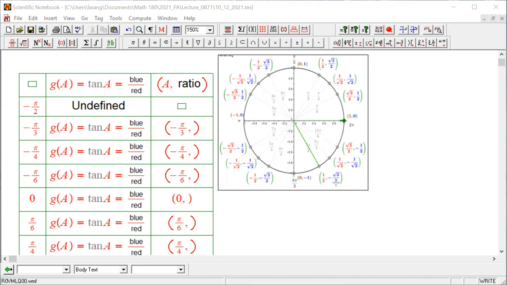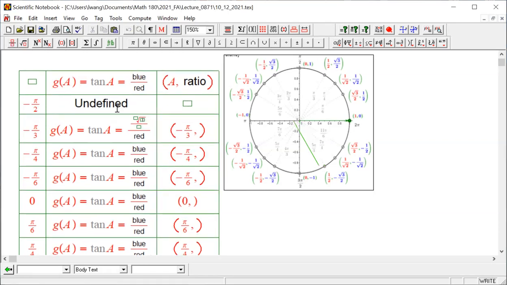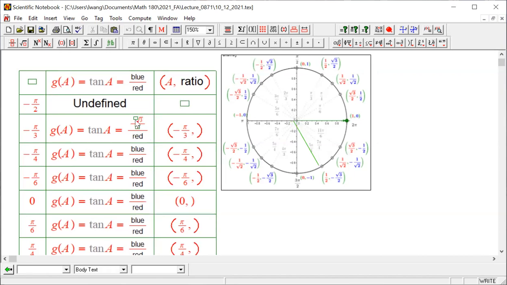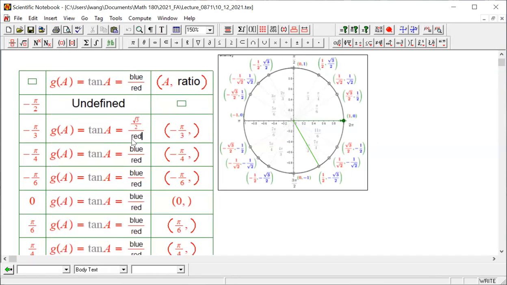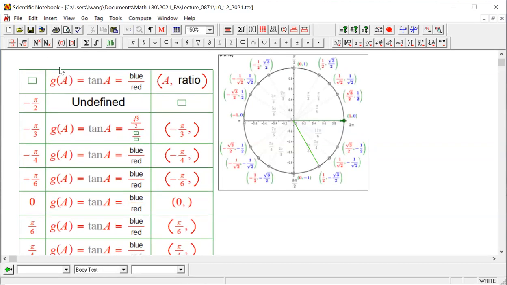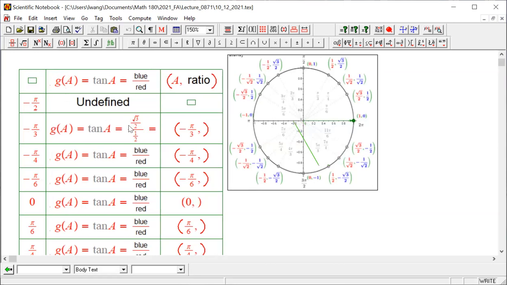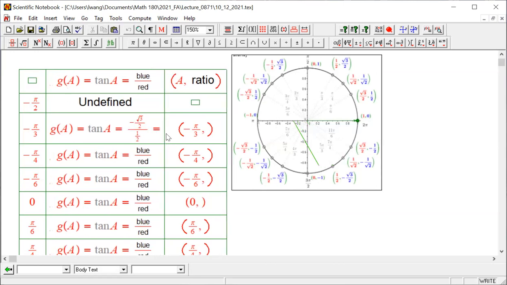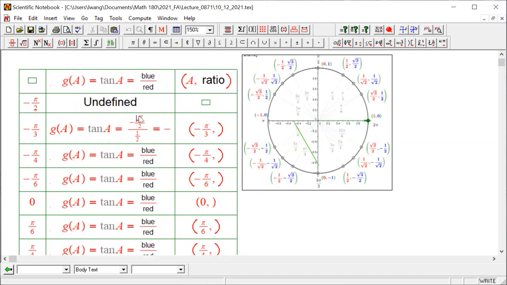And the blue number is negative root 3 over 2. And the red number is, unfortunately, I cannot do the red number. I can do the blue and red here. This software is limited. So this is a negative, so that's going to be negative root 3.